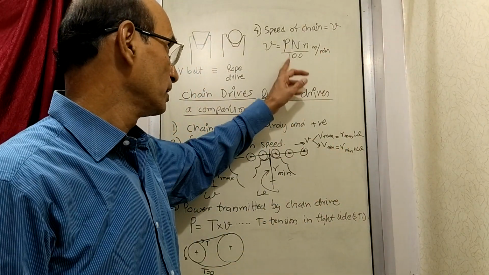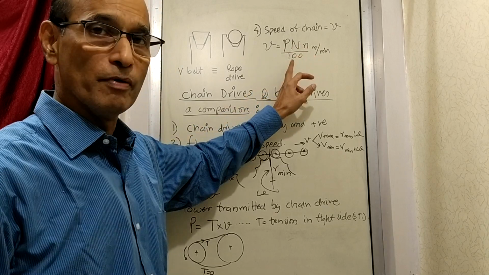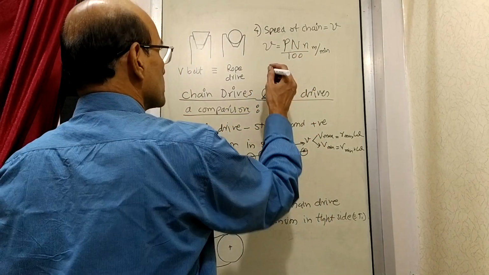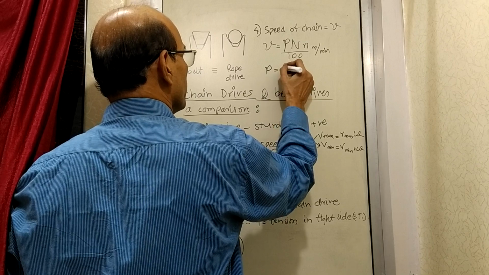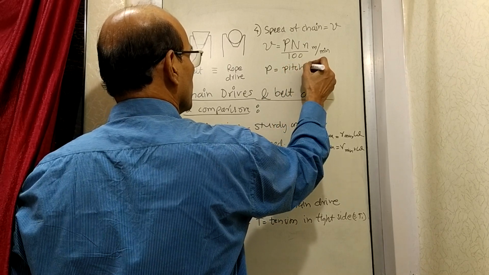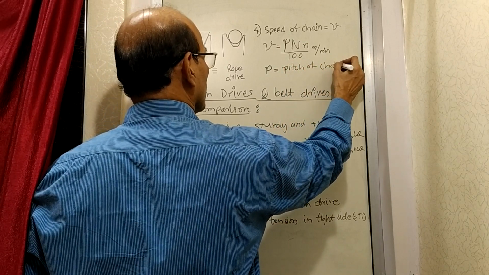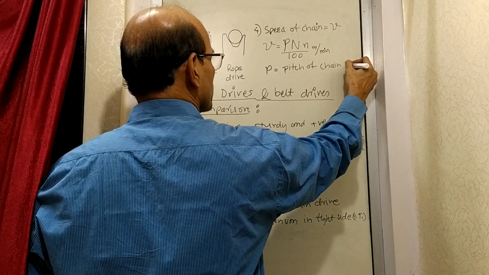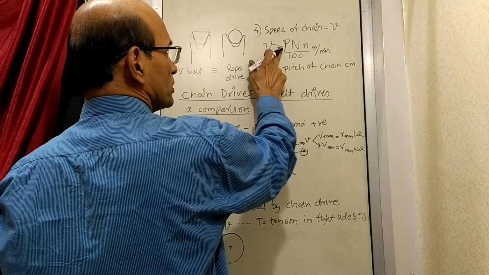Speed is in meters per minute, where small p is the pitch of chain, which is in centimeters.